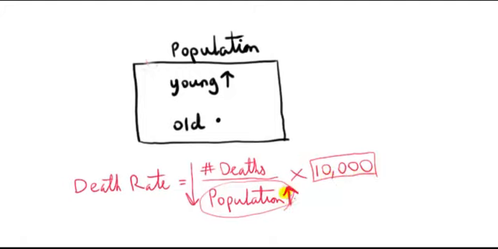But of course, if the population goes up and the number of deaths hasn't changed, well, obviously the death rate is going to go down. Okay, if we blow up the denominator, keeping the number of deaths constant, the death rate goes down. So, yeah, that's what happens when the birth rate goes up. In general, the death rate will go down. We have a disproportionate number of young people in our population when the birth rate is high.